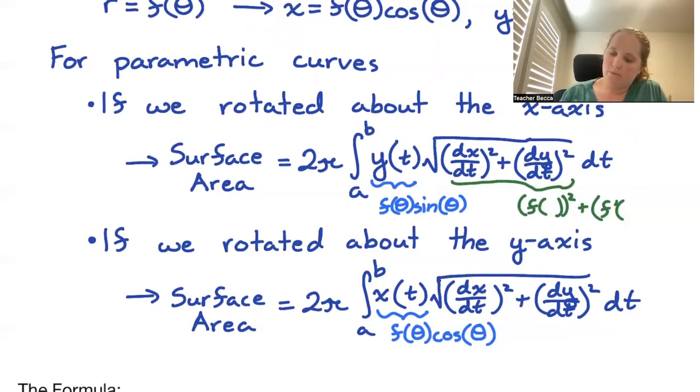So we get a quick formula now that we already had the arc length simplification. We get a quick formula for our surface area.